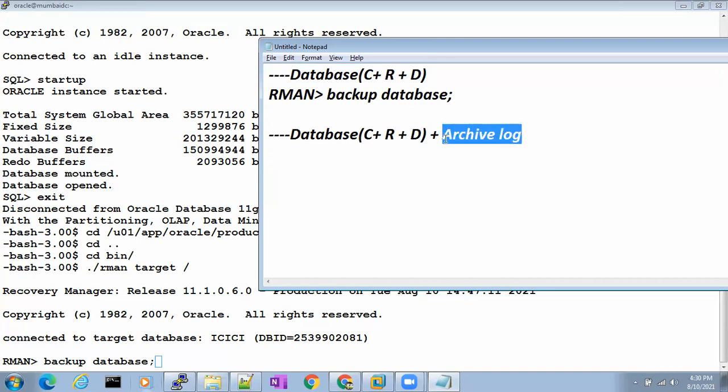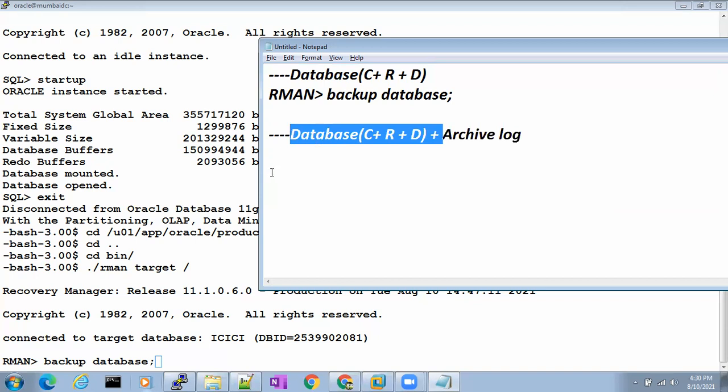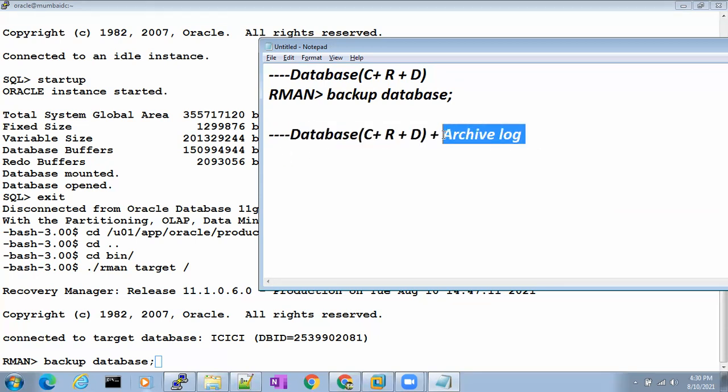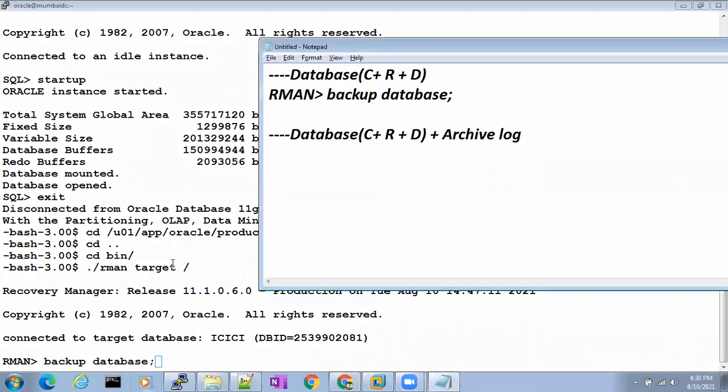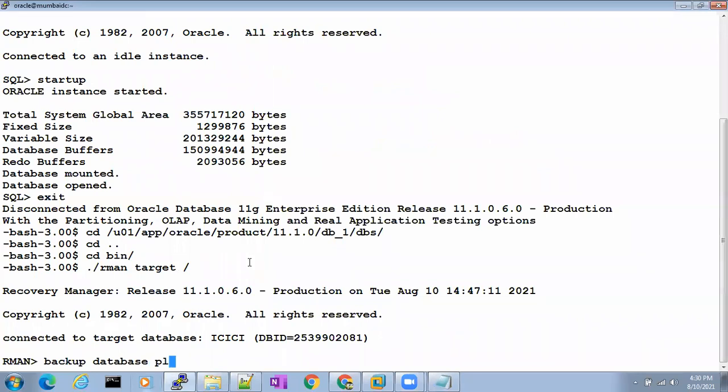The archive log backup should also be taken along with the full database backup. One second, a few people raised their hands. Yeah, Balraj. Backup database plus archive log. Yes, exactly. Backup database plus archive log. Simple. This is the command.